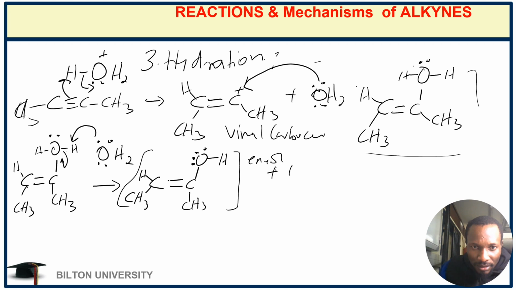We formed our acid back, and once we formed our acid, we have a loss of protons. Once we have our acid, we are going to have protonation of this double bond. So we can do protonation of the double bond.